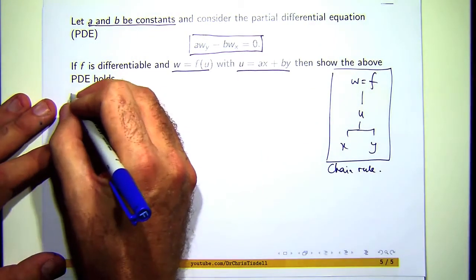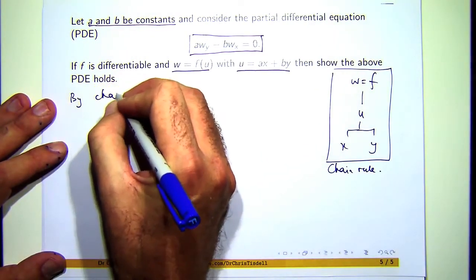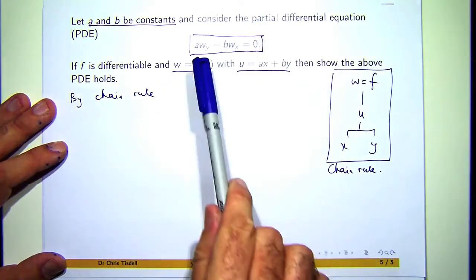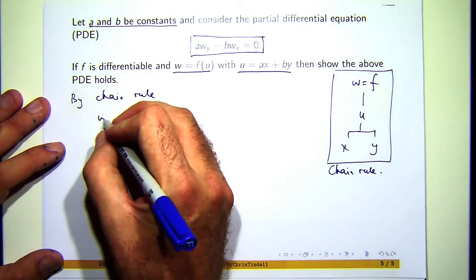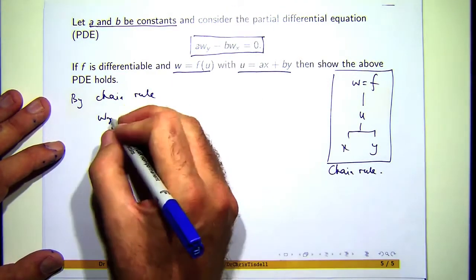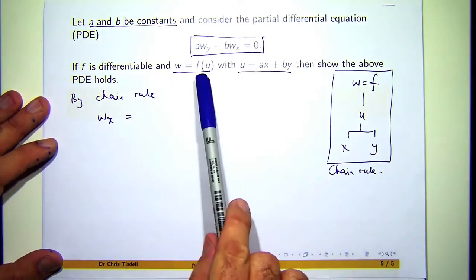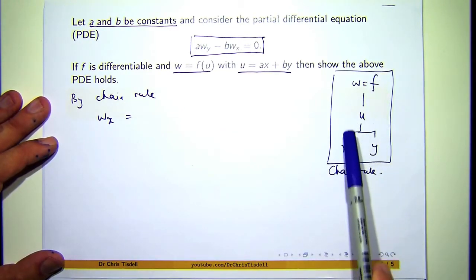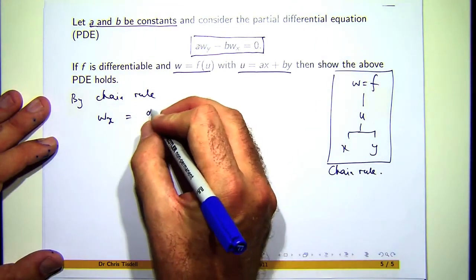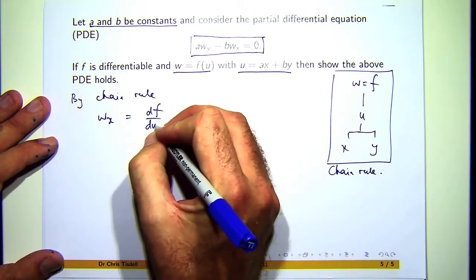All right, let's compute these derivatives and then hopefully the equation will hold. Let's compute w sub x first. So w sub x is df du times du dx.